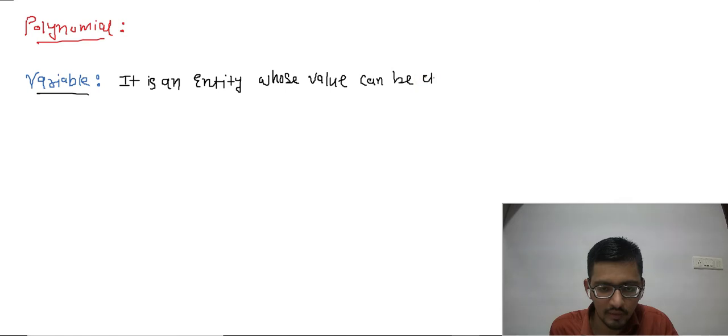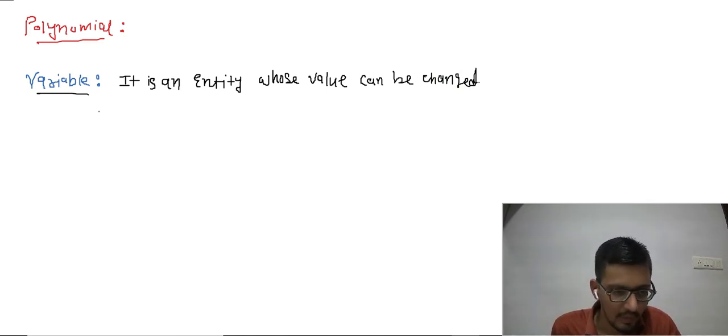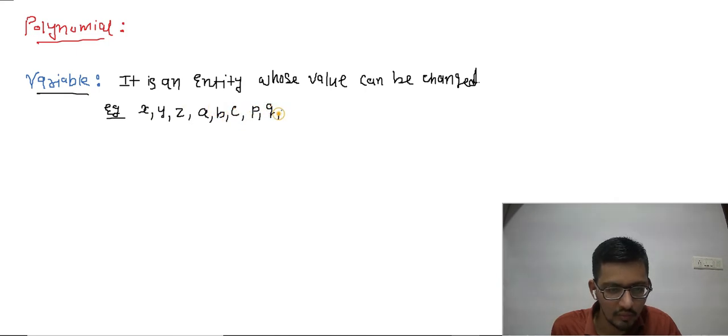And generally variables are denoted by small letters. So for example, if I'm writing X, Y, Z, A, B, C, P, Q, R, these all are called variables.